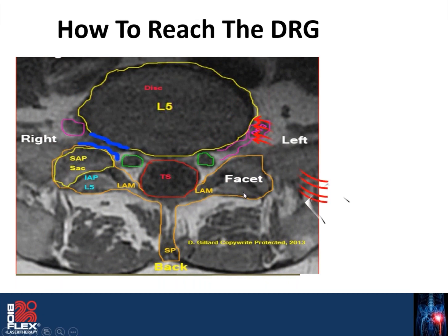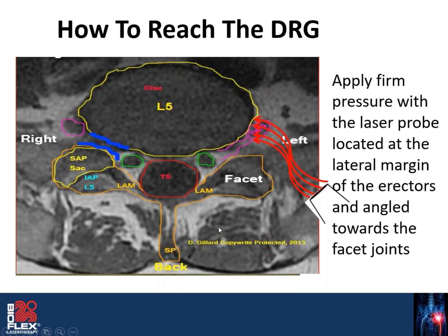So you want to place the probe laterally and sort of anteriorly away from the facet joints, and push in as hard as you can without making the patient scream, and get that probe as close as possible to where the dorsal root ganglions lie, and then you can zap that area, and if held long enough, you can actually produce some analgesic effect.